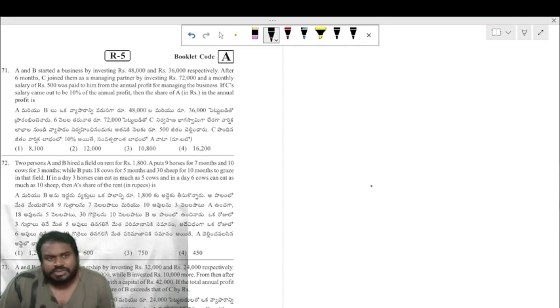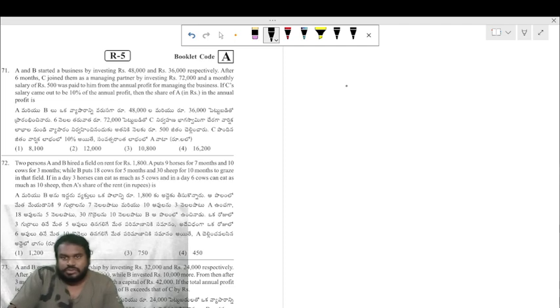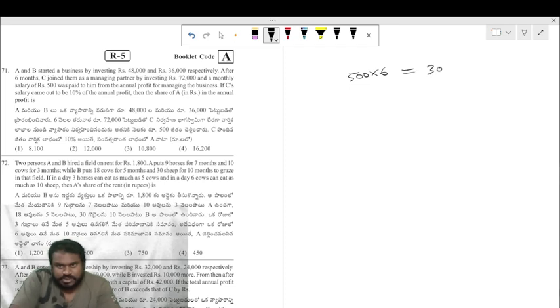So 500 into 6, 3,000 is the salary. C's salary came out to be 10% of the annual profit. So 10% of total profit is 3,000.